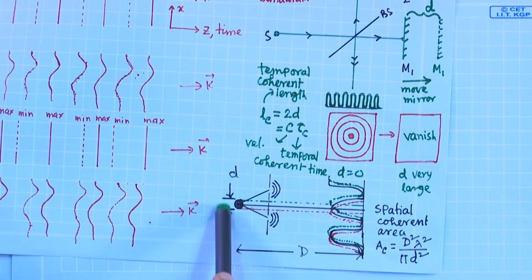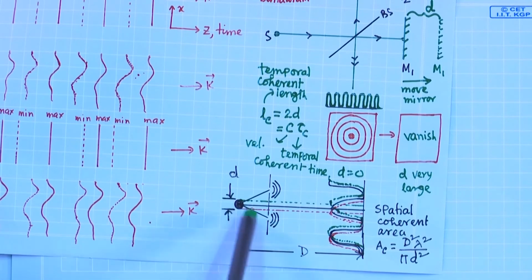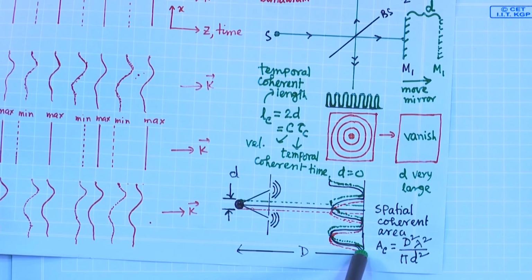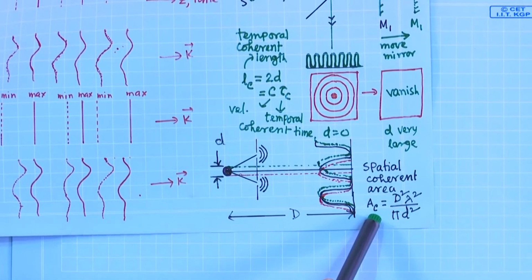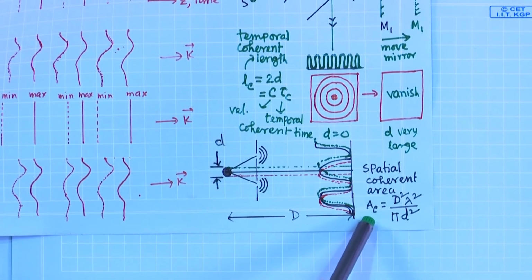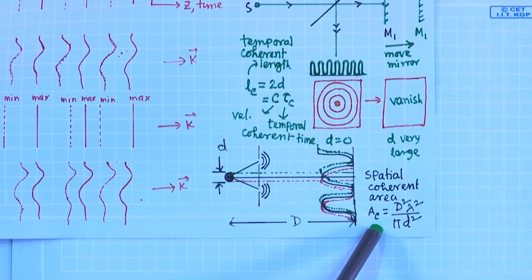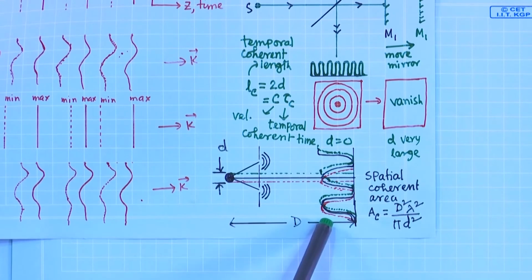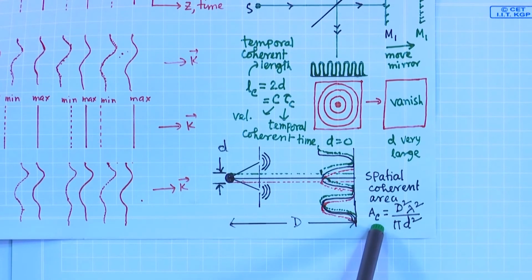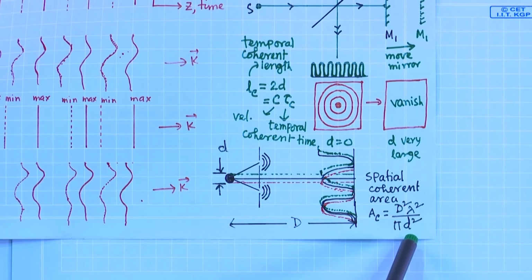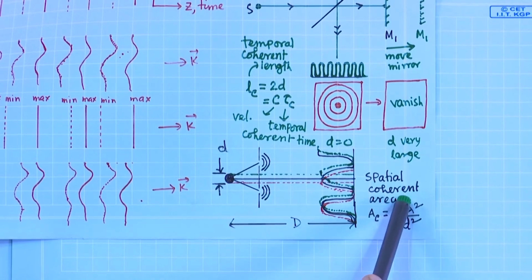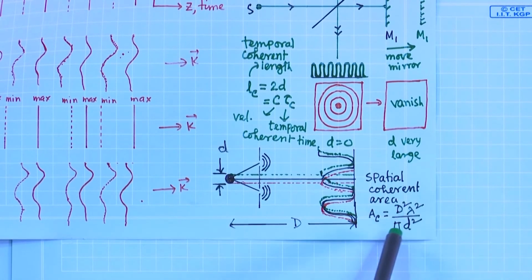It also depends on the distance of the screen. It is not a unique relation, but a theorem tells us the critical area over which we get spatial coherence is equal to lambda square D square divided by pi small d square.